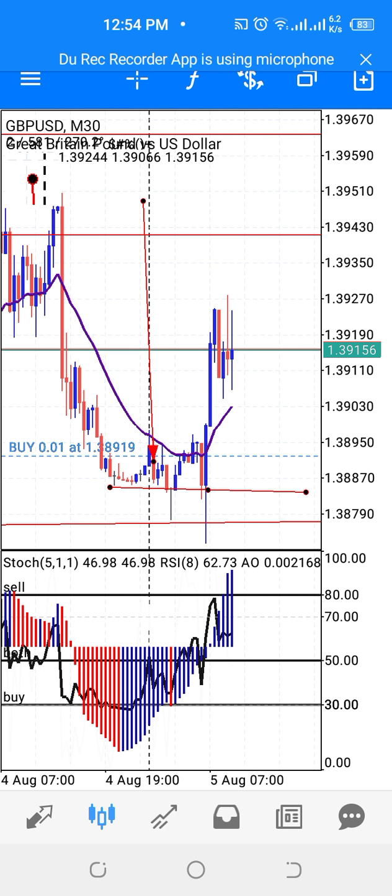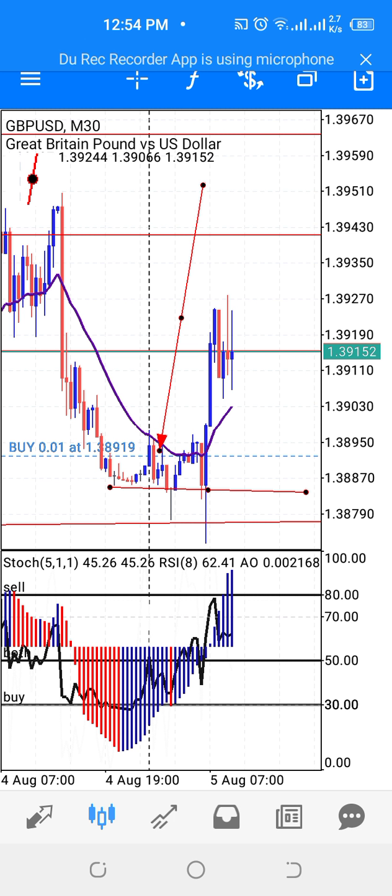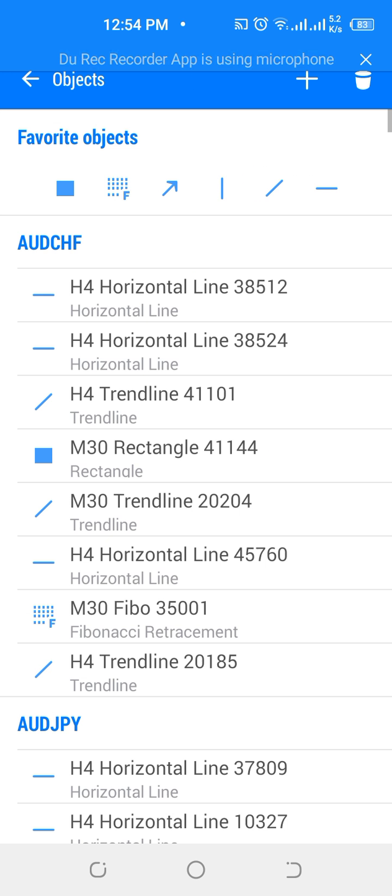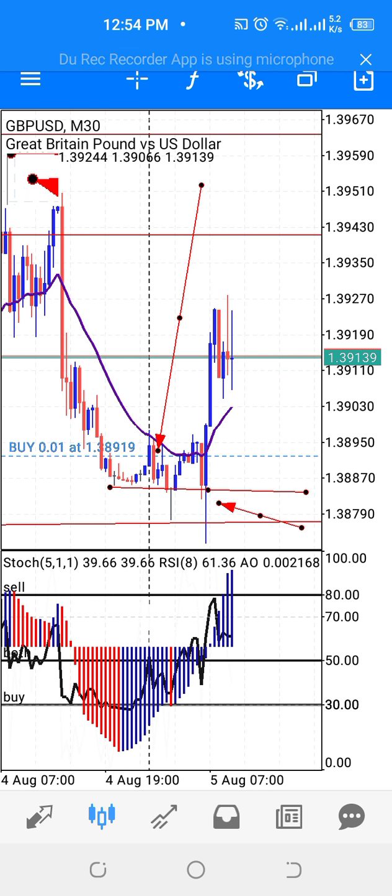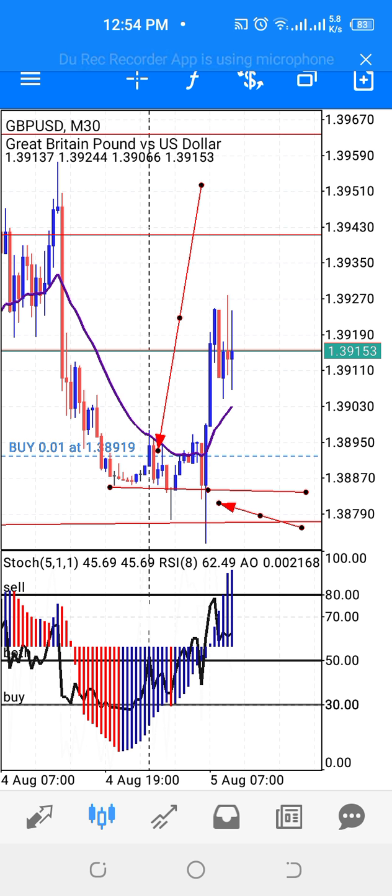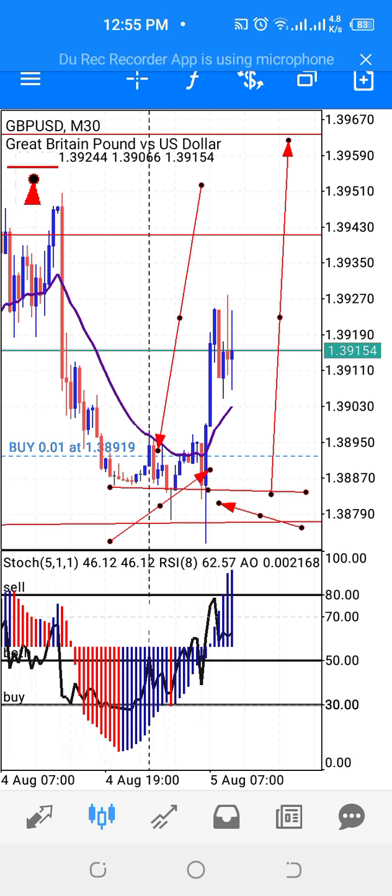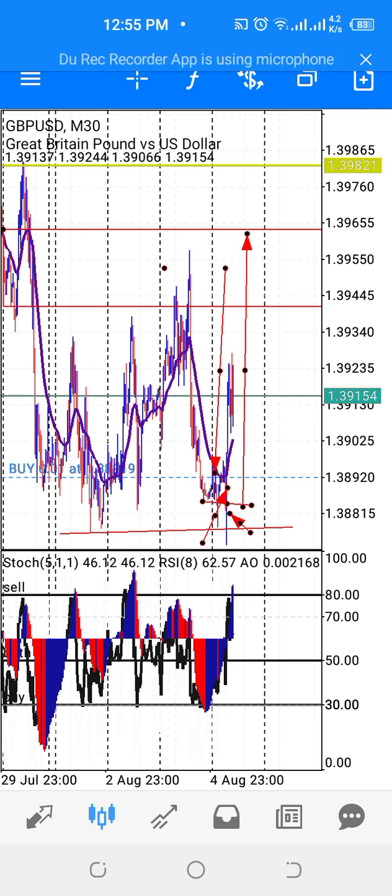Then you can see there is a false breakout here. A false breakout forms a W pattern, and then I was able to enter some positions here, and I'm expecting this market to go up. That was the low of the day.